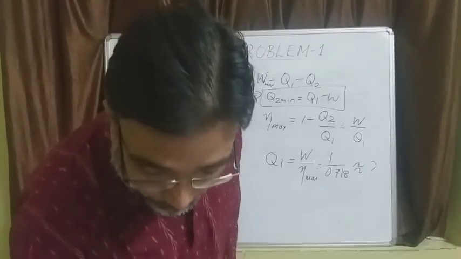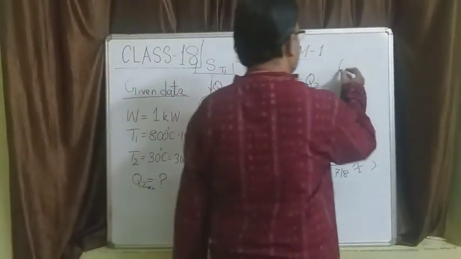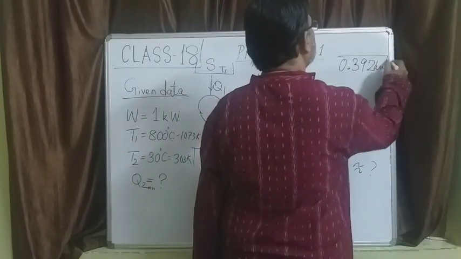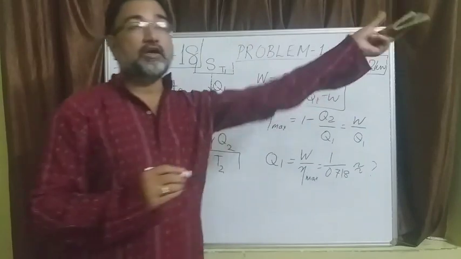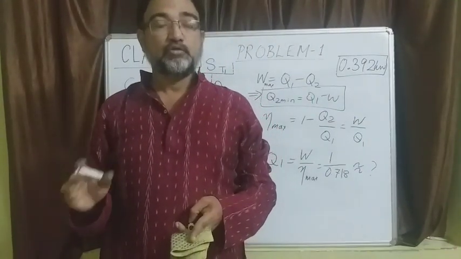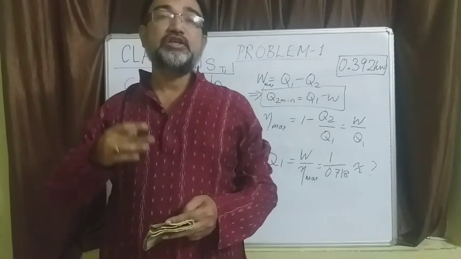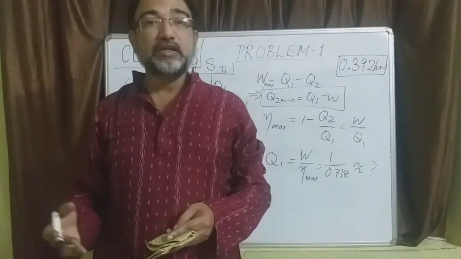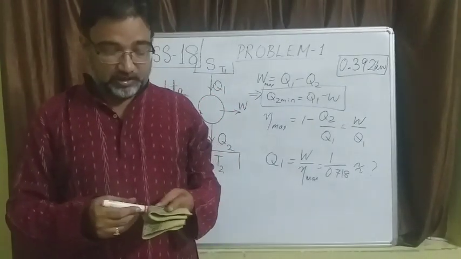And the answer is 0.392 kilowatt. For this problem, the answer is 0.392 kilowatt. So, 0.392 kilowatt is the least rate of heat rejection for this engine, which is working between a source of 800 degree centigrade and a sink of 30 degree centigrade.